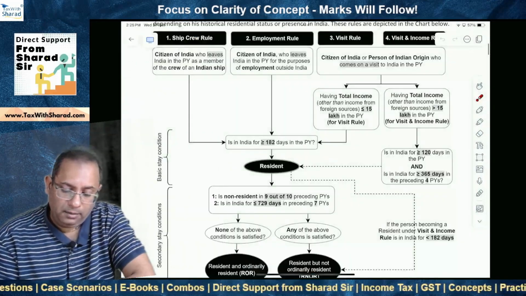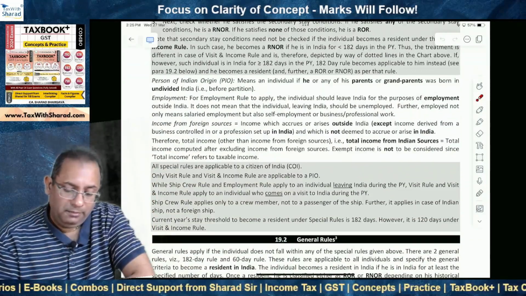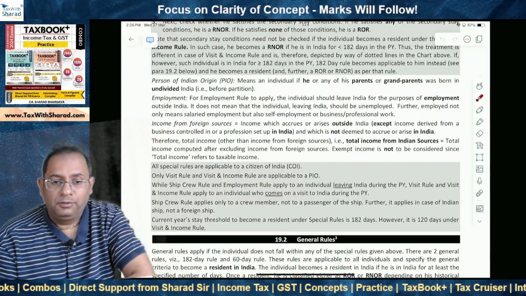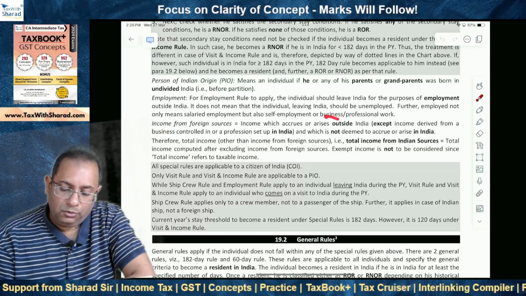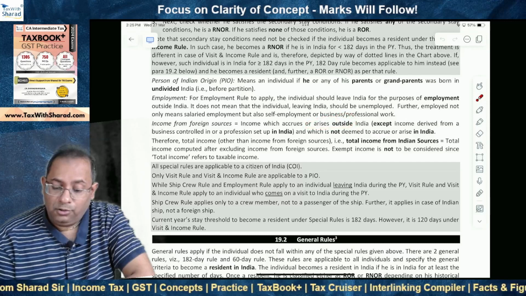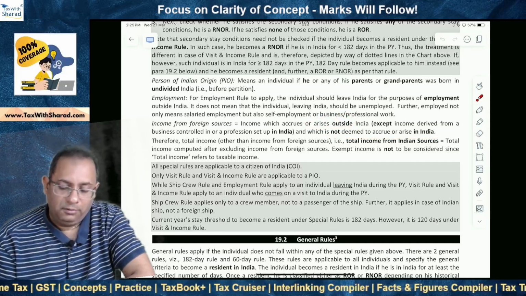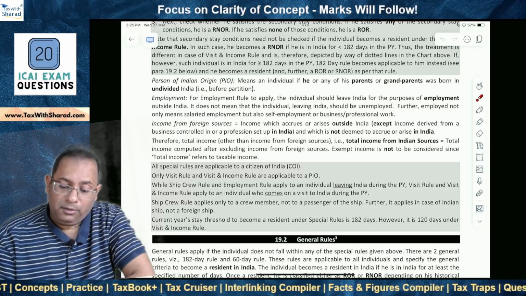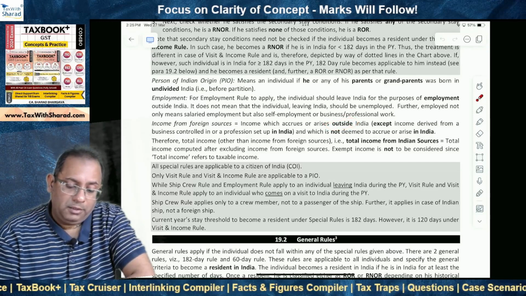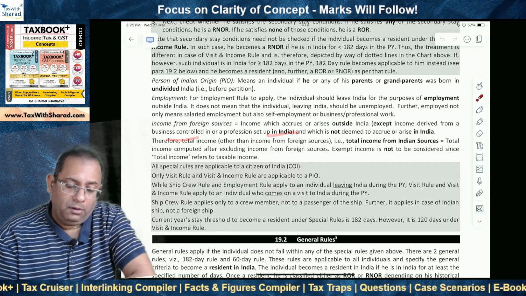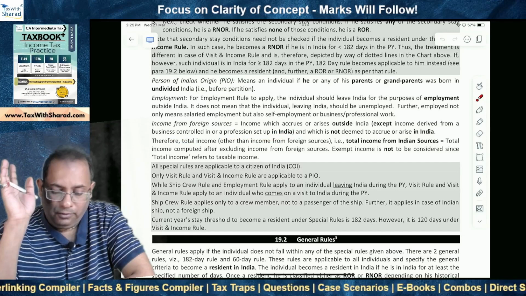Okay, so before that, let's take a look at what is income from foreign sources, which we discussed some time back. Income from foreign sources that need to be excluded. So income which accrues or arises outside India and is not deemed to accrue or arise in India, that is income from foreign sources. Even if income accrues or arises outside India, but it is derived from a business controlled in India or from a profession set up in India, then it will not be treated as income from foreign sources.